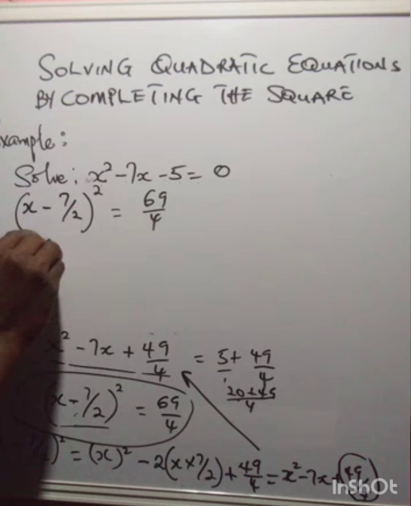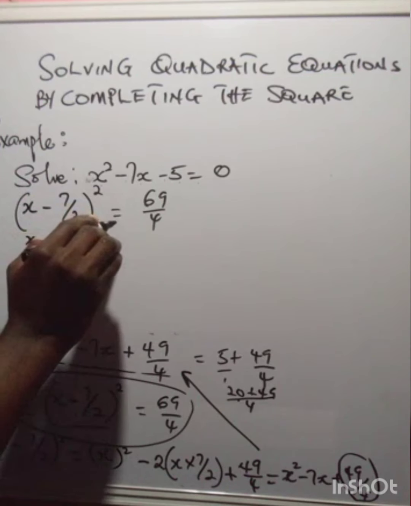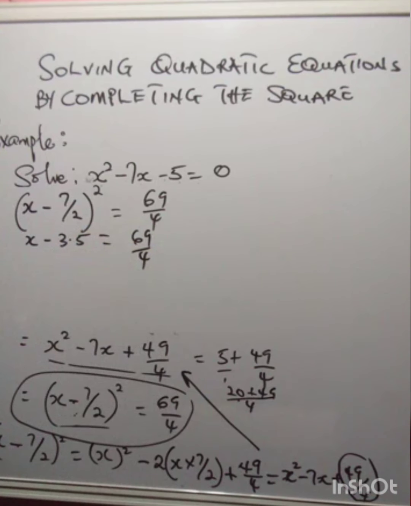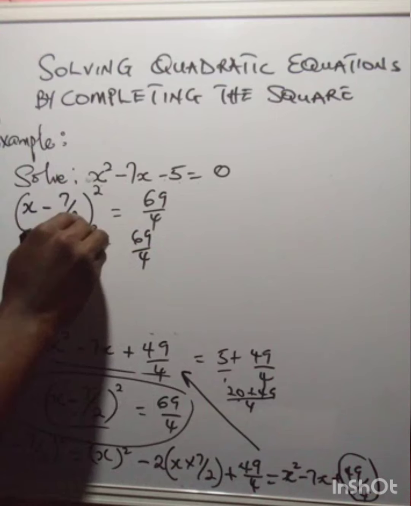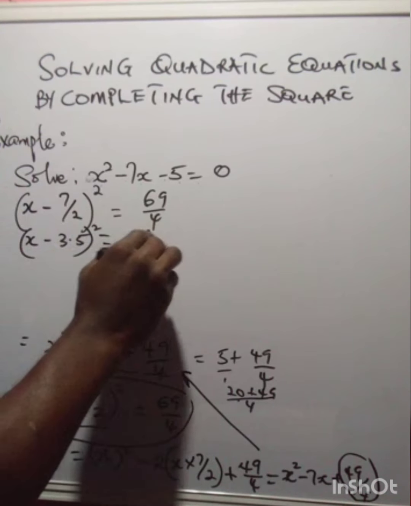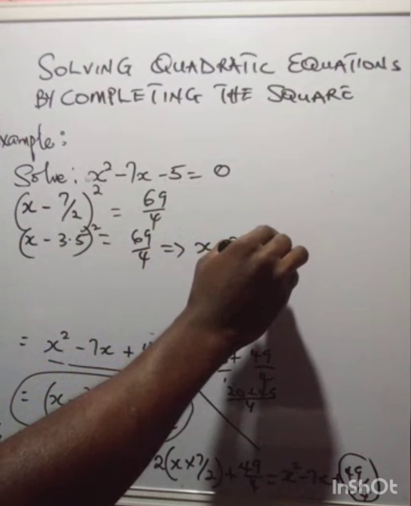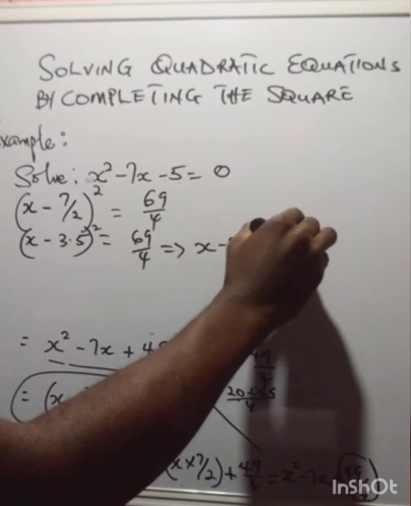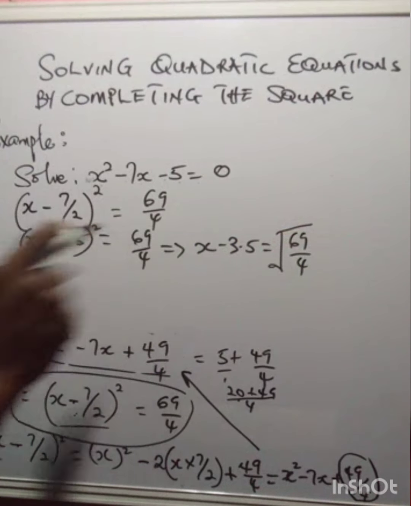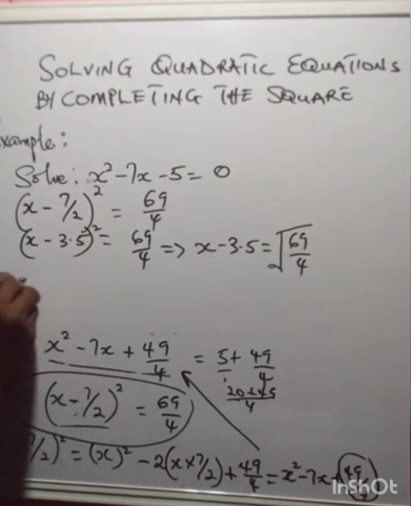In other words, we have x minus 3.5 all square equals 69 over 4. If we take the square root of both sides, we have x minus 3.5 equal to square root of 69 over 4.